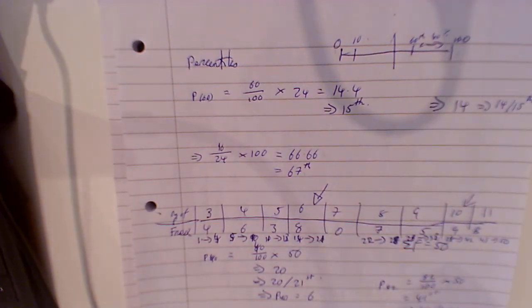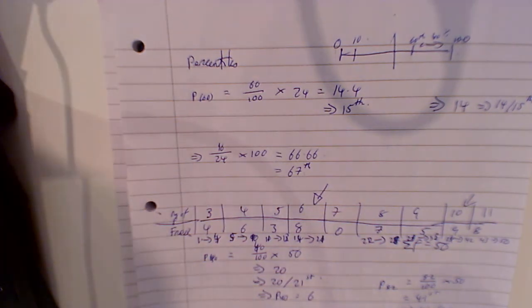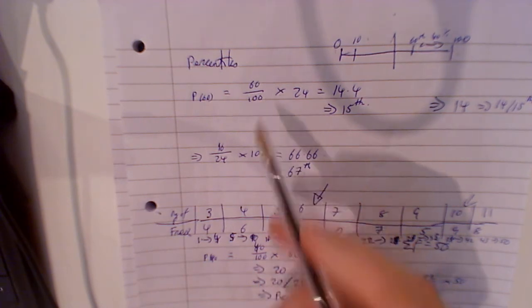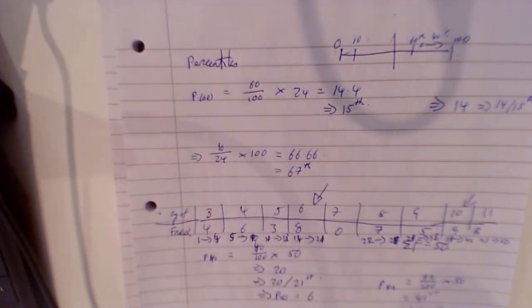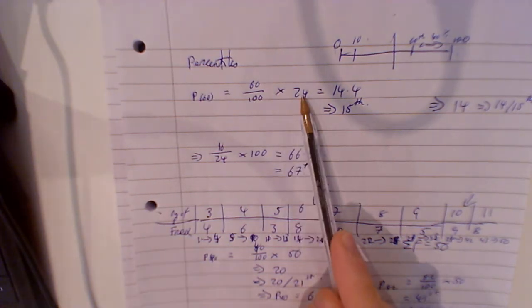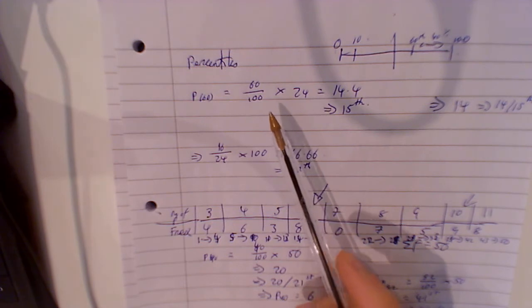So if we look at an example here, once again, the reason I chose this topic is it's an easy topic for us to get through in lockdown. If I go to the 60th percentile, in this example 5 on page 391, I go 60 over 100, because what does percentile stand for? Percentage. Percentage is 100. So 60 out of 100, and then we multiply by 24. As you can see in example 5, there's 24 there.